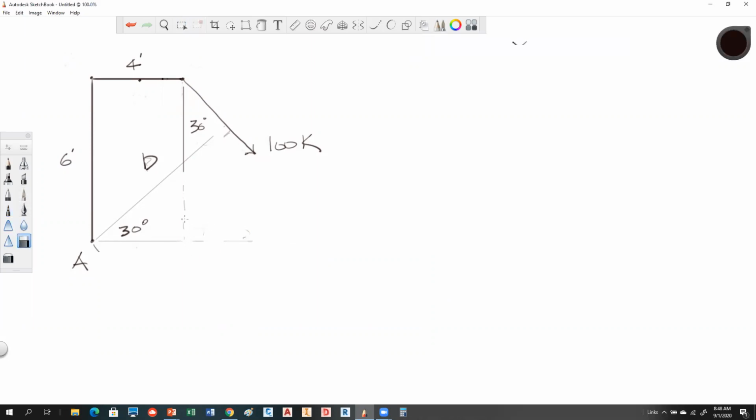Give me a sec here to clean this up. So basically what we're going to do is take this vector and replace it with its components. So we're going to use the rectangular component concept.